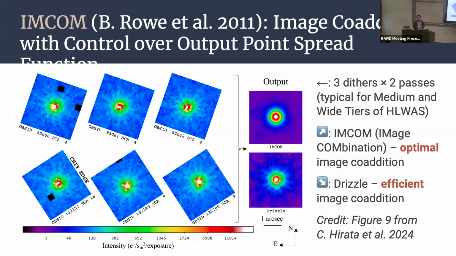The traditional way of doing this is using the software called Drizzle. It has been widely used for Hubble and JWST. However, if we do that, we can see a hexagon because it's doing things like interpolations, and we get all sorts of residuals.